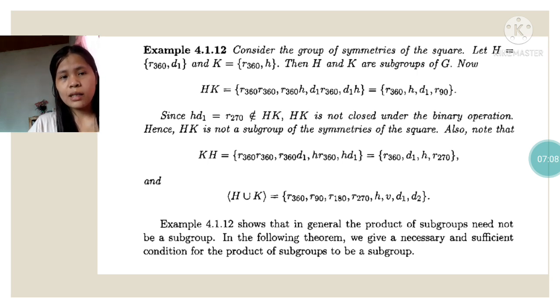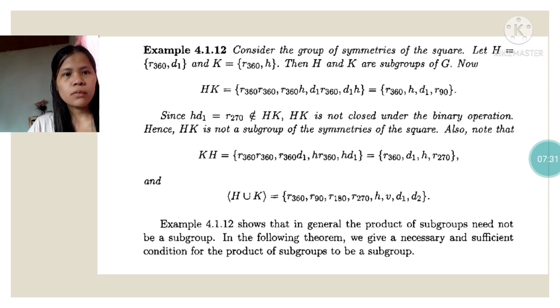Also note that KH is equal to R360, D sub 1, H R360, H D sub 1, which is R360, D sub 1, H, R270 element.